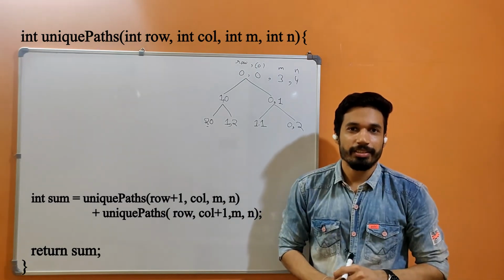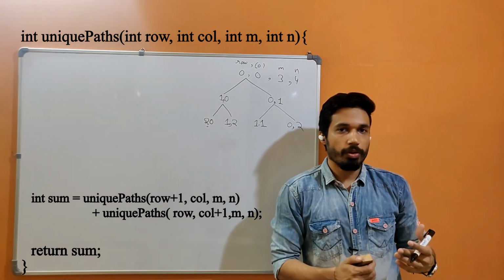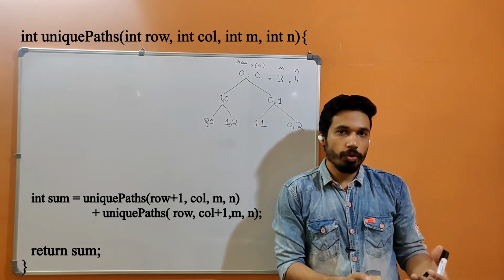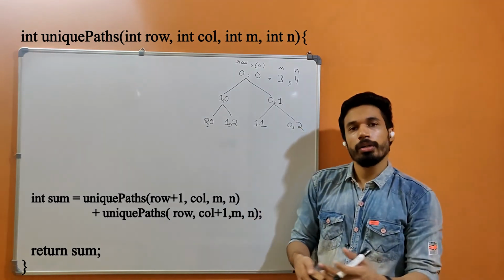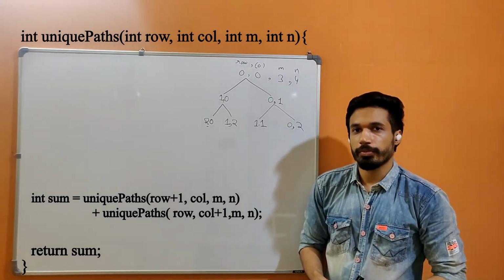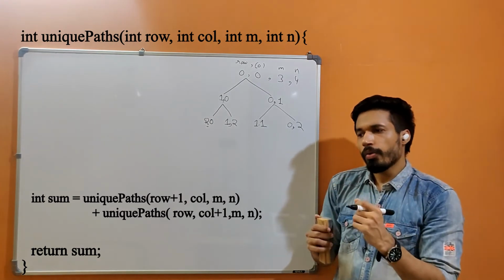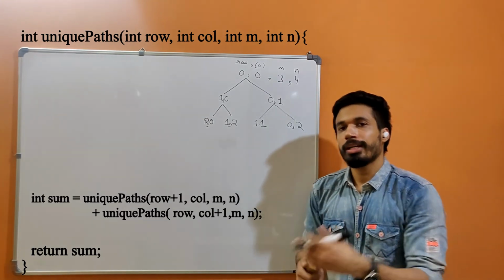All right, here one time we are calling recursion to go towards the down and one to go towards the left side of the matrix. All right, now we also need to think about what values will be required in the next recursion call stack.